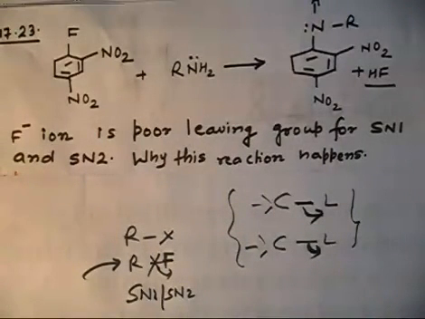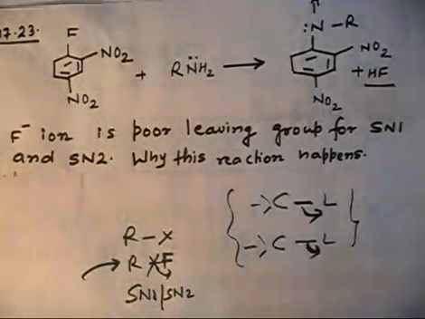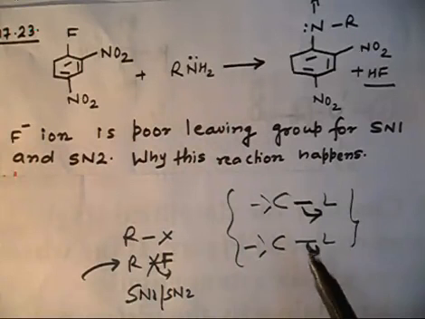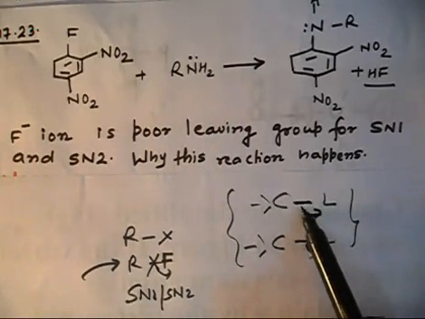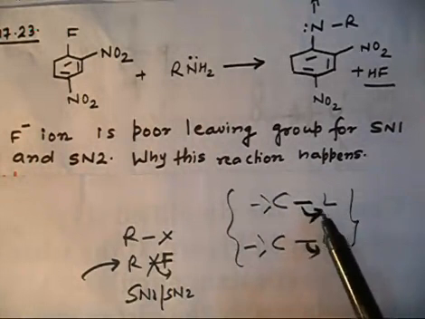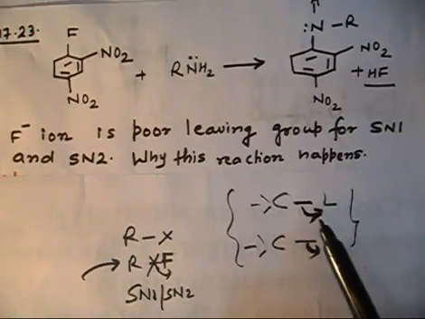Why is this so? Now I will give you a hint. To see whether the reaction happens or not, I have to look at the RDS step, the rate determining step of the mechanism. In an SN1 reaction, what is the first step? Loss of the leaving group. So the leaving group comes into the RDS.